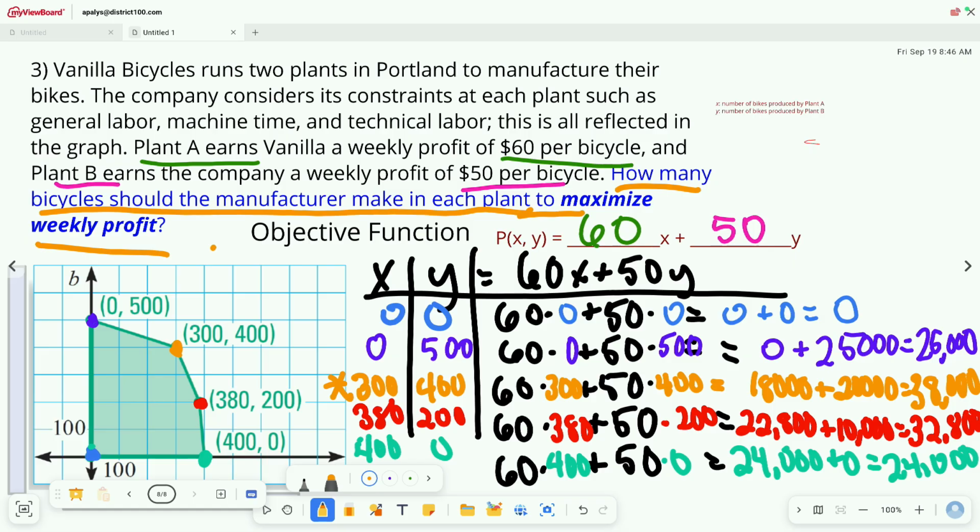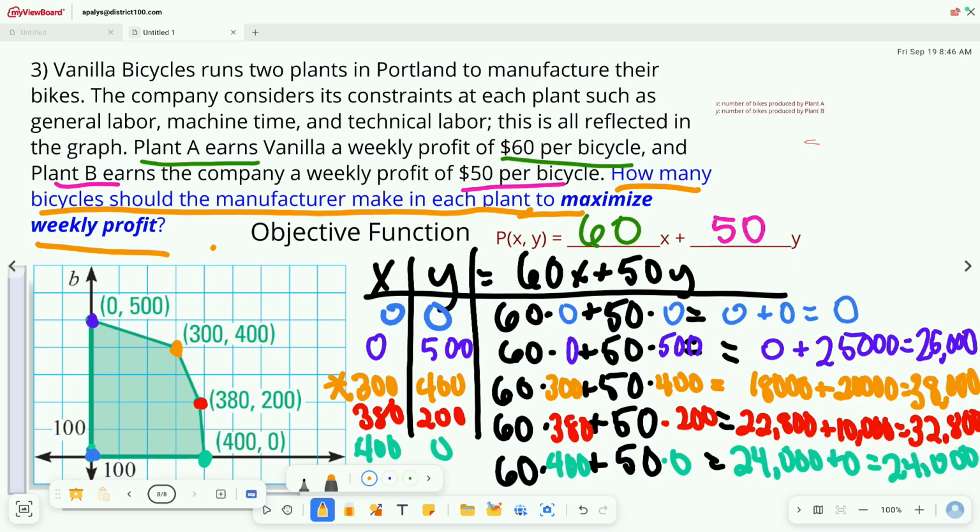Anybody have an idea how I'm going to answer that? What does X stand for? The number of bikes in plant A. What does Y stand for?